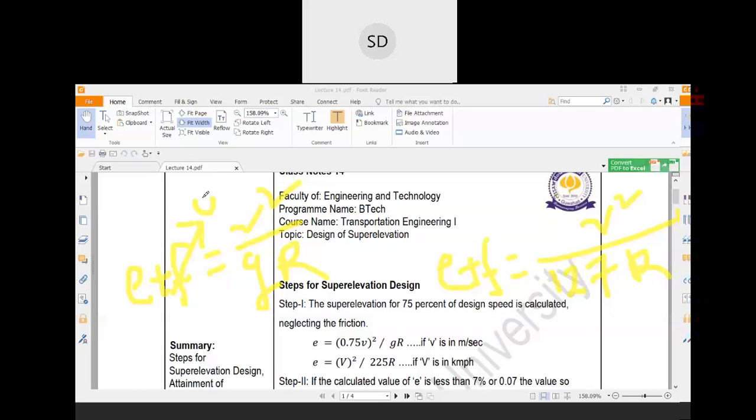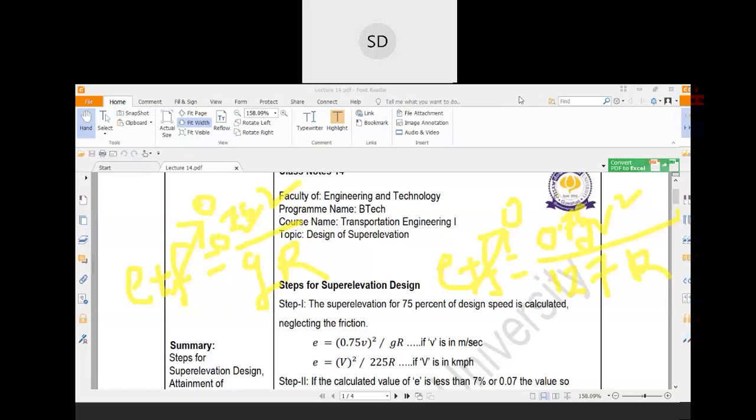So your friction value would be 0, neglecting the friction value and considering 75% of the design speed. So here instead of V, you will consider 0.75 V, that is 75% of the design speed.